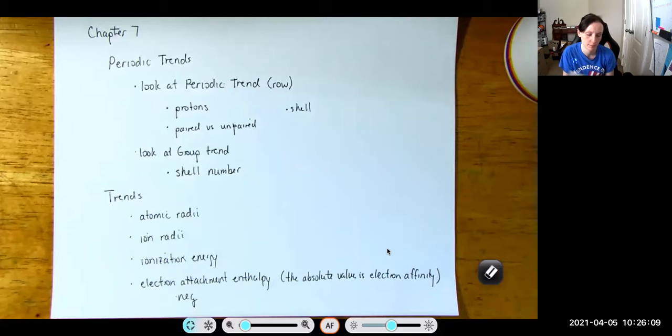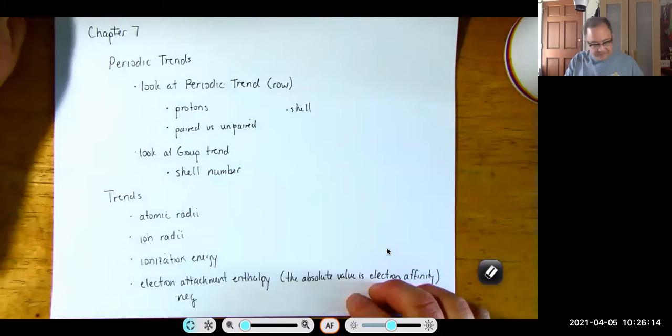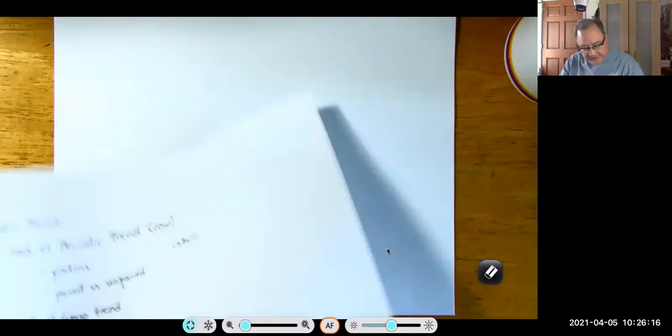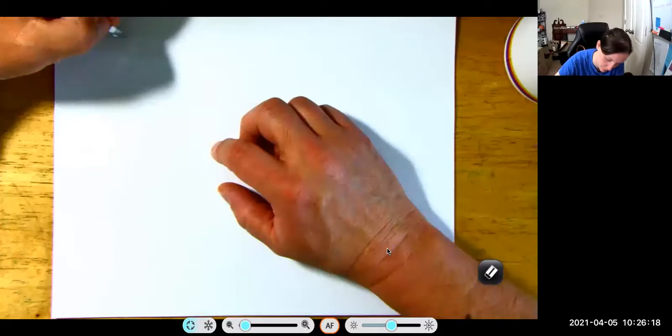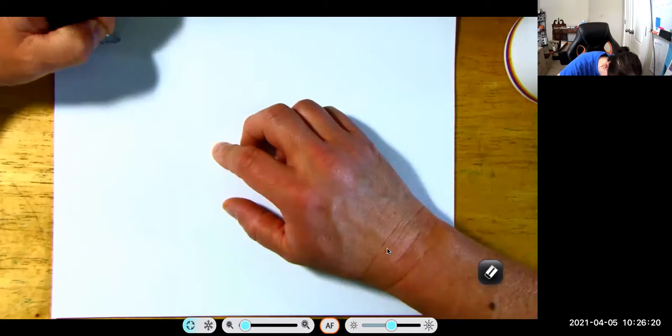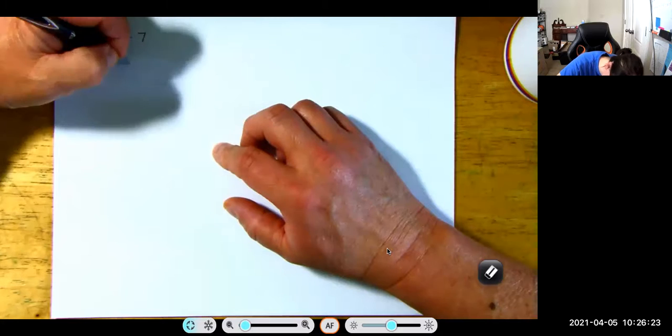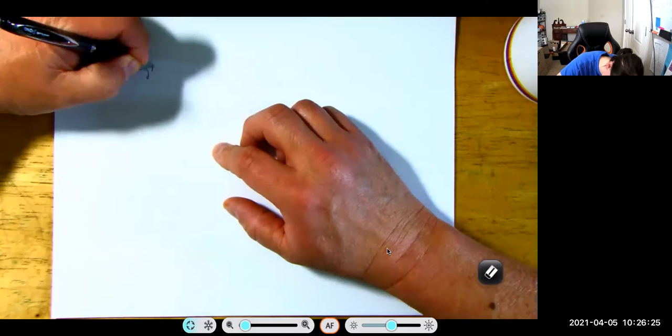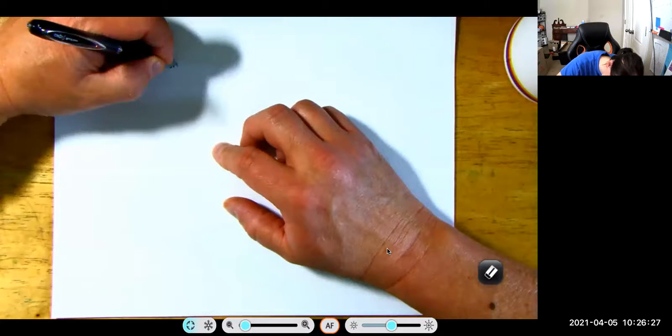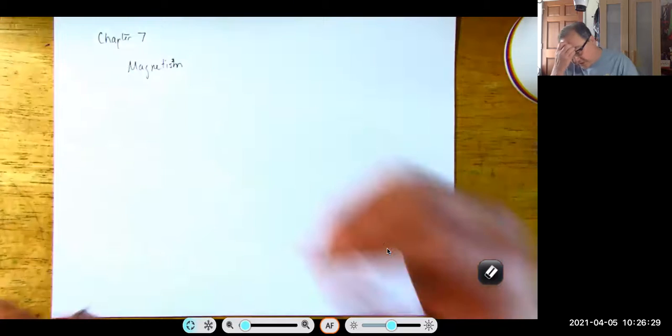Yeah. Magnetism. Magnetism. That one's pretty easy too. Mhm. So what are the three types of magnetism?